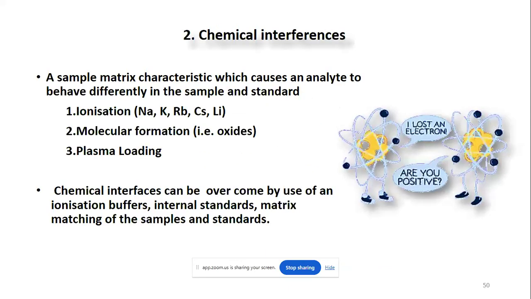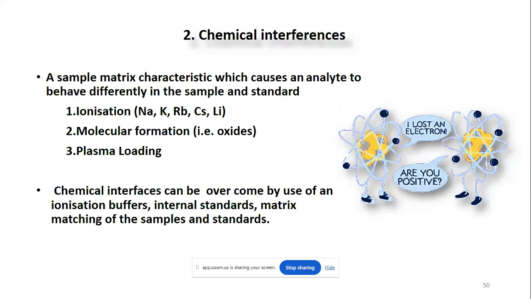Chemical interferences are there, obviously, because of overlapping. In that case, spectral interferences are from the chemicals which are used in the standards or during the sample preparations.